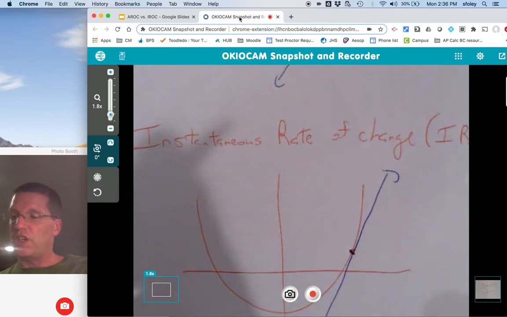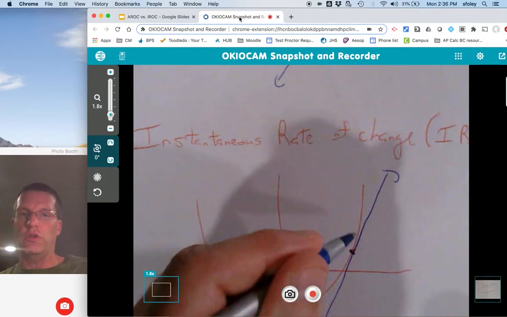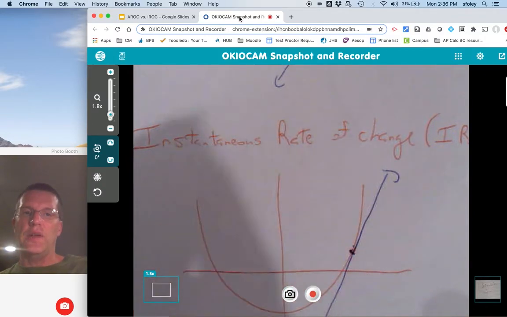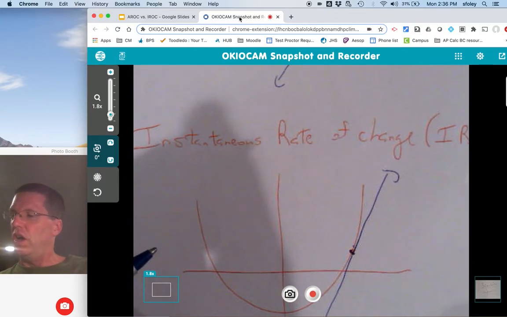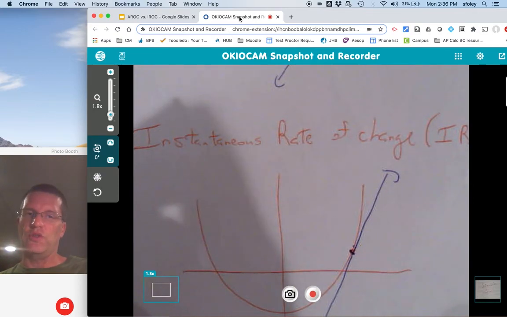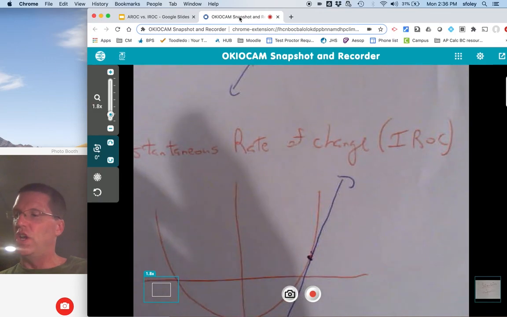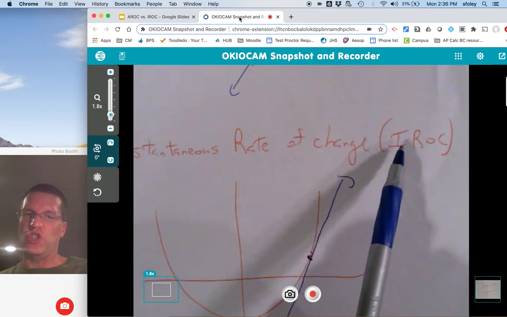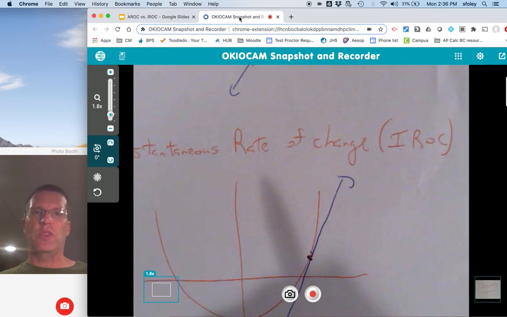For now, we're just going to estimate it, and usually we estimate it by picking another point that's really close to it and doing the slope of the line between those 2 points. And if we pick the 2 points to be close enough to each other, then we'll have a good estimate, even if it's not the exact answer, of the instantaneous rate of change. So IROC is instantaneous rate of change, AROC is average rate of change. And we'll do lots more with this in the coming days.